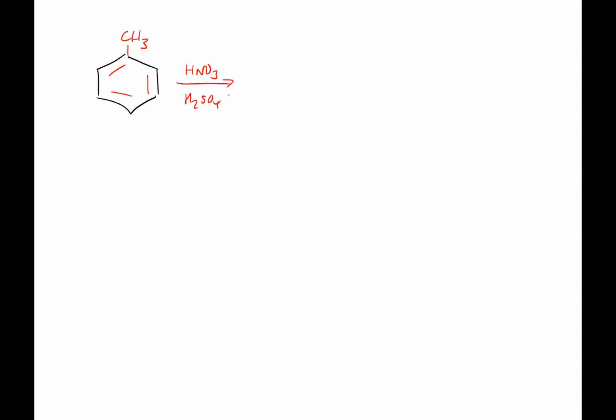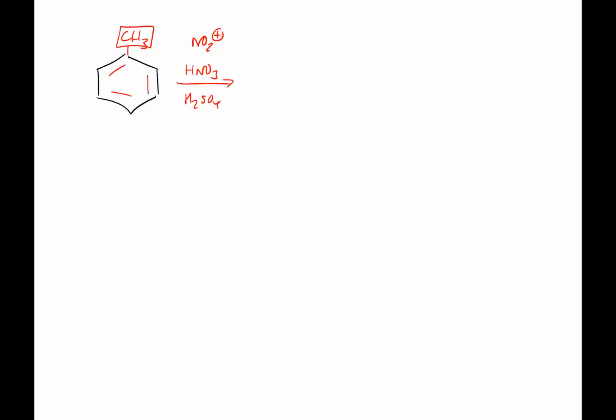When we do this, the first thing we need to do is say, okay, what is our electrophile? Our electrophile in this case is NO2 plus. That NO2 plus is going to add to the ring, but it doesn't self-direct, it directs according to where the methyl group goes. So I need to know for the methyl group, is it an ortho-para director or is it a meta-director?